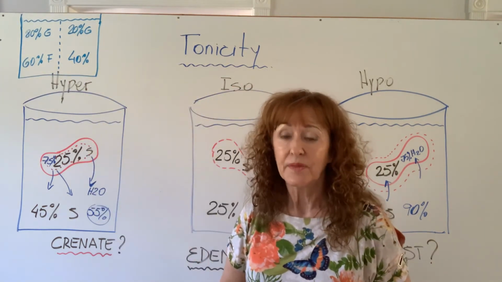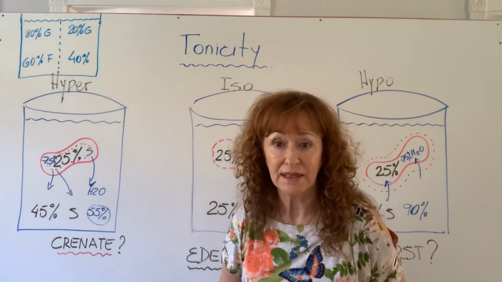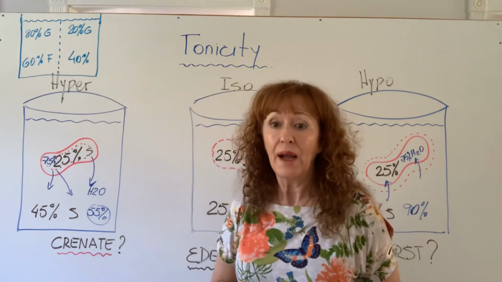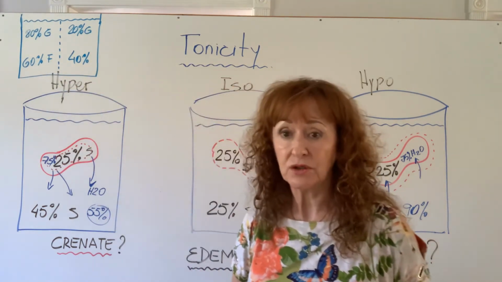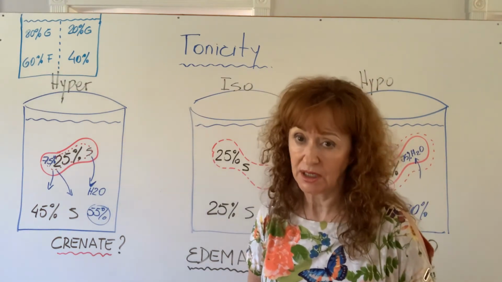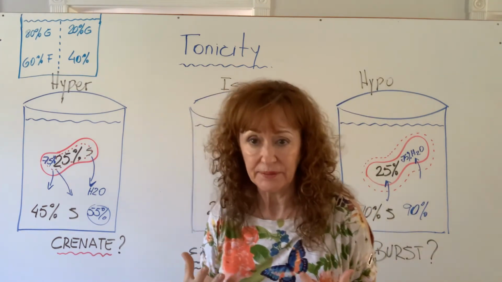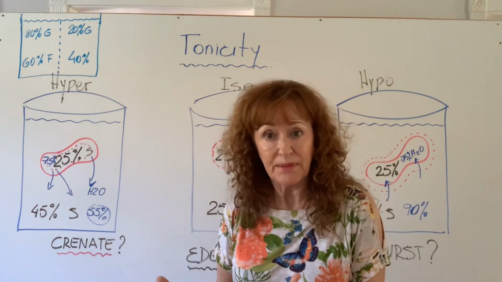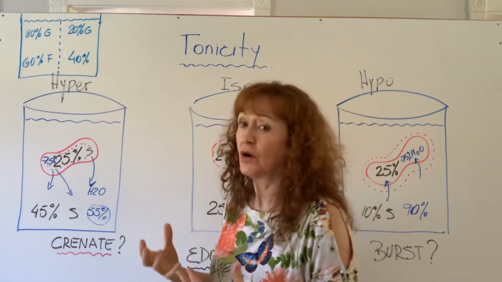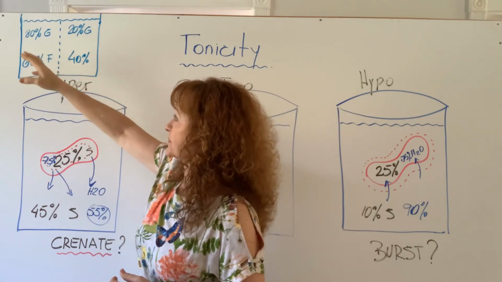The key question is, who is going to diffuse faster, the glucose or the fructose? And one of the factors that affect the rate of diffusion is the concentration of solute, the amount, the quantity. Concentration represents pressure, but certainly it is the quantity, the amount.